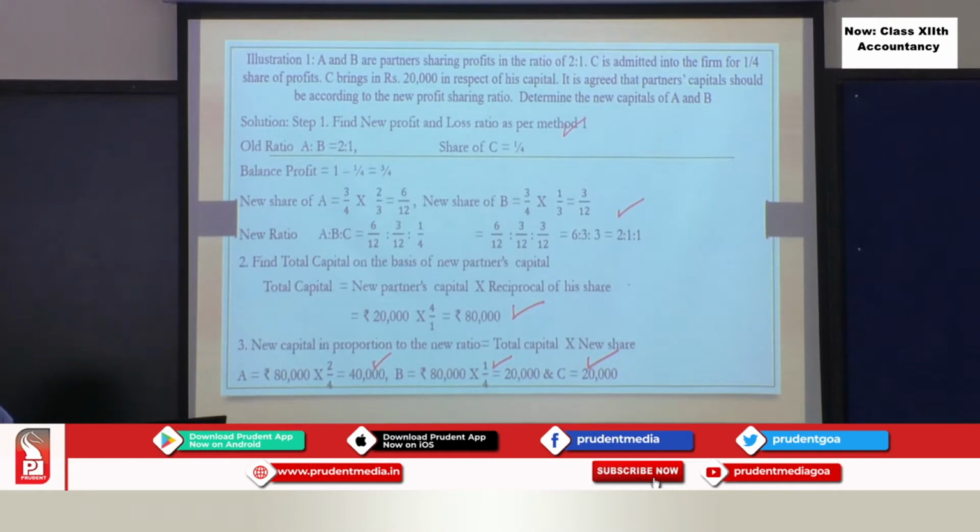So, when you prepare your capital accounts, in the capital accounts of partner A, partner B, partner C, on the debit side, you have to show these figures as balance carried down.